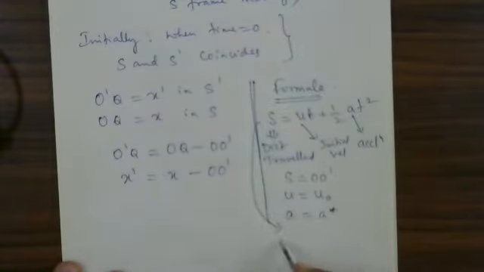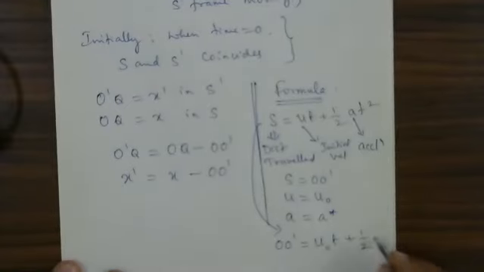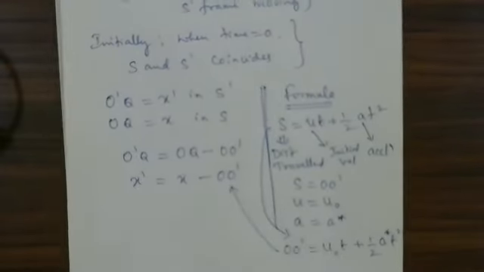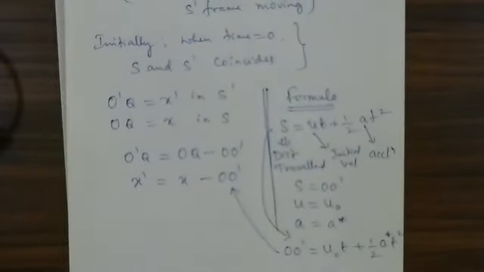O dash is equal to U0 T plus half A star T square. Substitute this value here. Let us do the substitution of O dash to here.